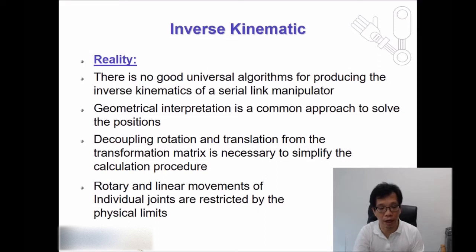We also need to decouple the rotation and translation from the transformation matrix into individual ones so we can identify how we are going to analyze the angle or the displacement.